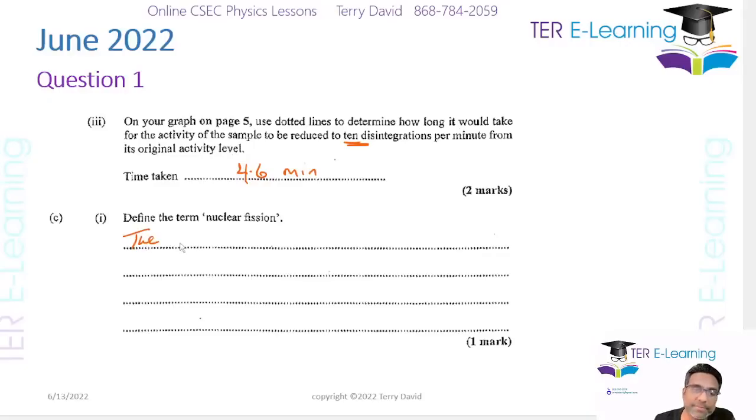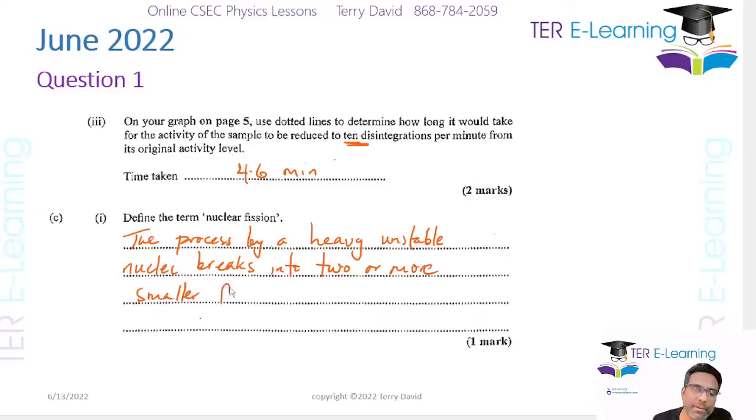It's a process by which a heavy, unstable nucleus breaks into two or more smaller fragments with the release of energy. Now they only give you 1 mark, so any valid thing will work.